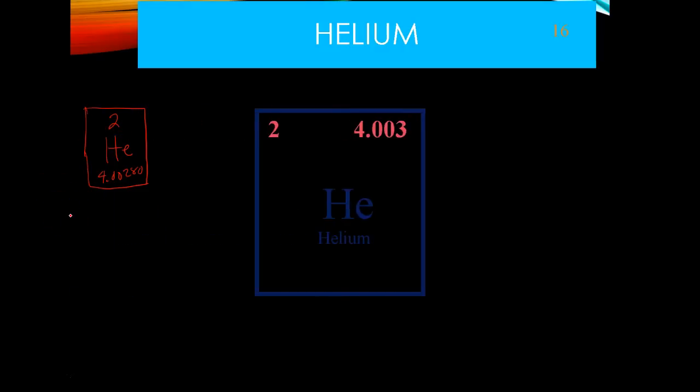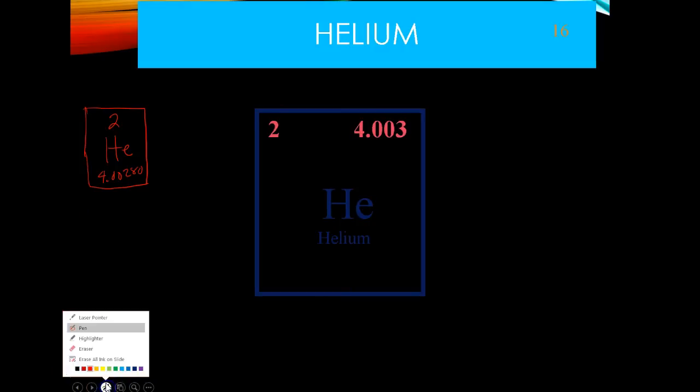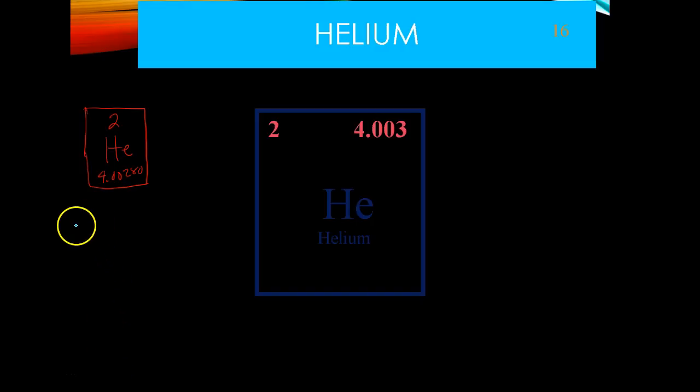My eyesight is not so good. And then it has an atomic number of 2. So let's get the stats. The atomic number is equal to 2. The mass is equal to 4 because we use the raw.